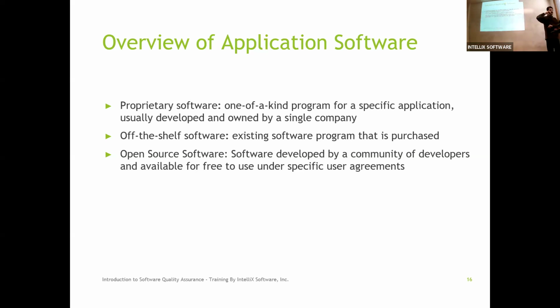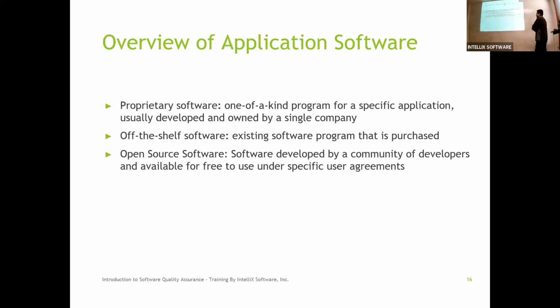The final one is something known as open source software. This software is essentially developed by a community of developers, and it's available for everybody to use for free, as long as they follow certain licensing agreements.